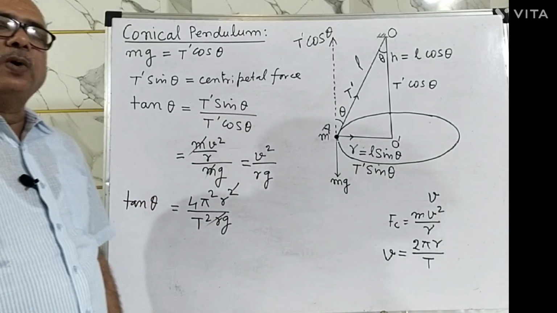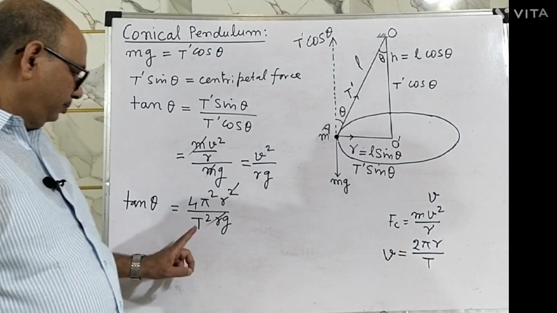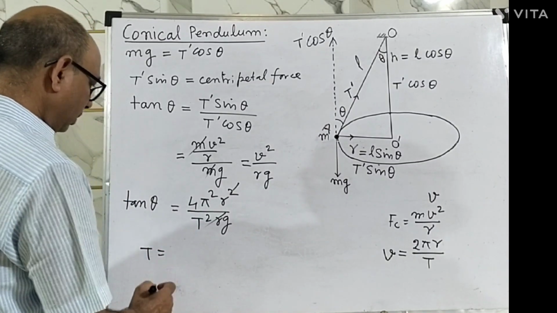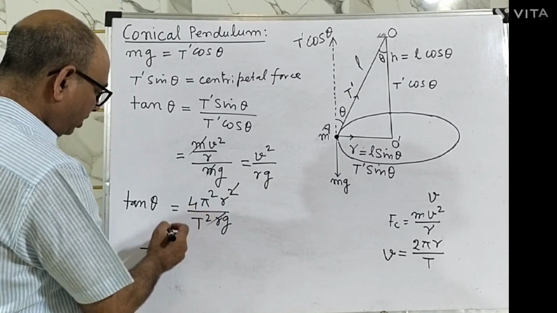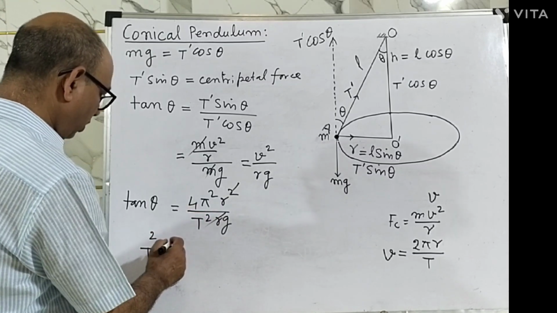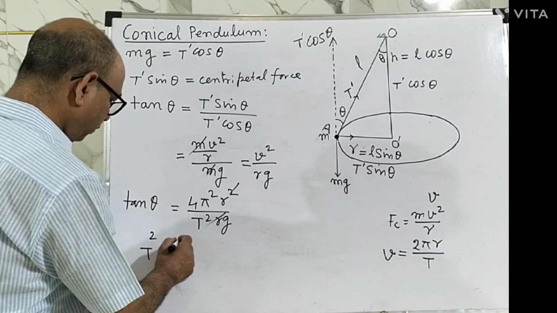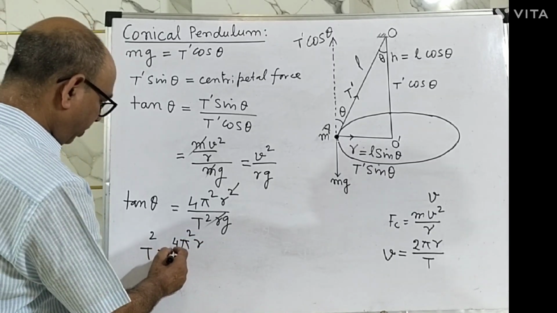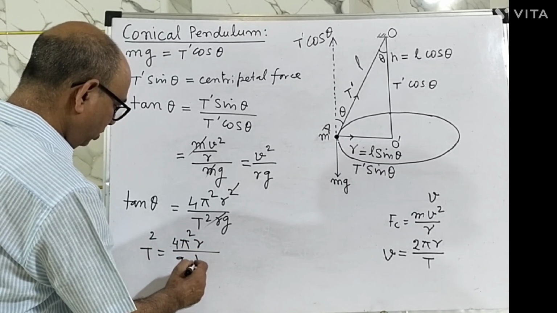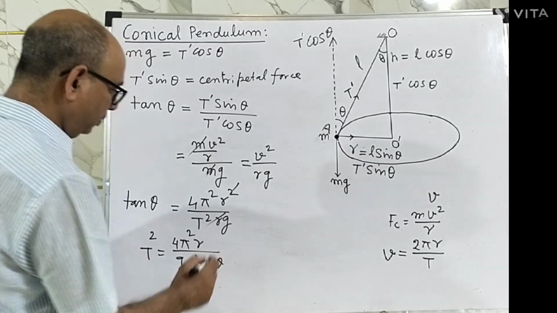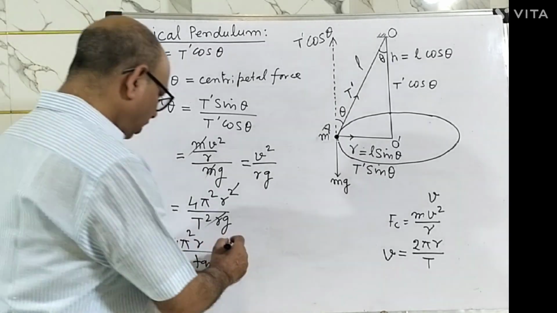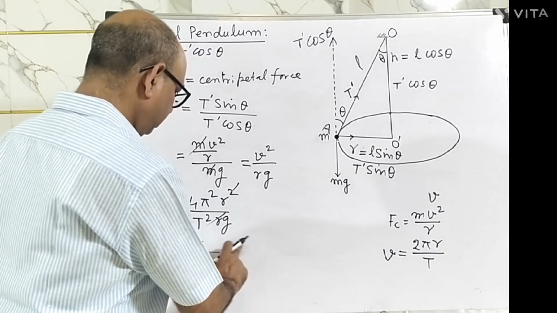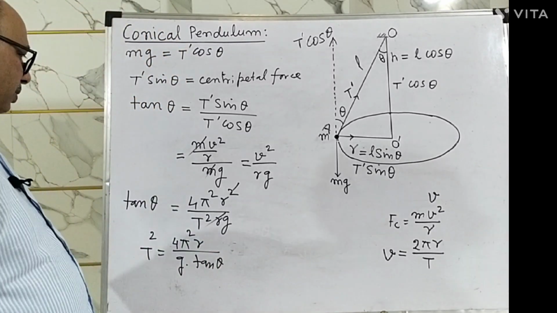We have to find the value of T. T square is equal to 4 pi square r divided by g into tan theta.